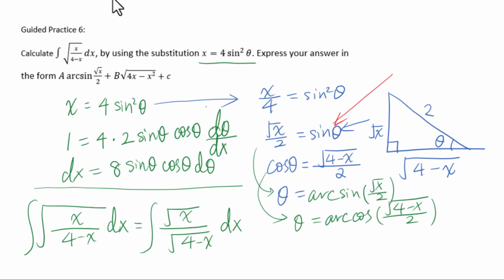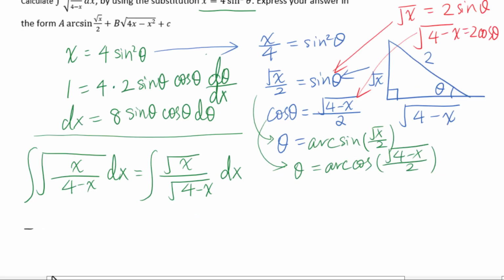For square root of x, we can get square root of x equals 2 sine theta. For cosine theta equals square root of 4 minus x over 2, we can get square root of 4 minus x equals 2 cosine theta.